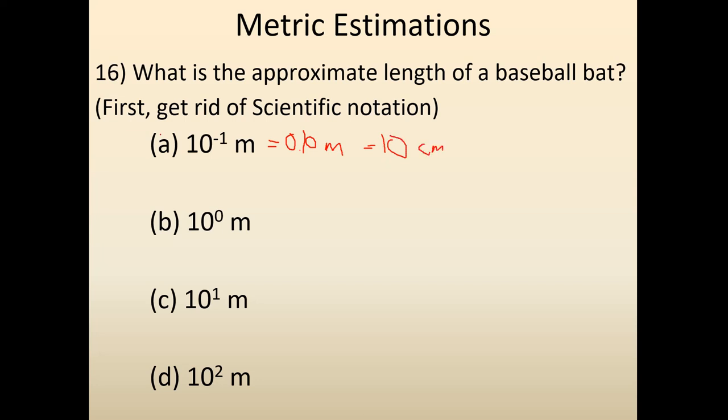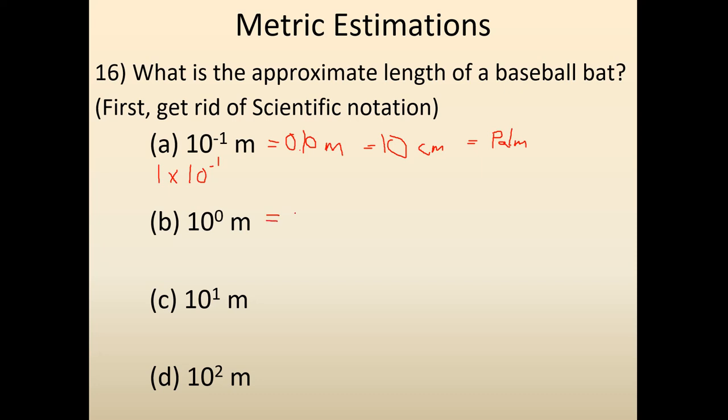Now, a lot of people might be thinking the negative 1 means I move the decimal place over. You have to remember that this is 1 times 10 to the negative 1 meters. So plug it into the calculator, you'll see 0.10, which is again 10 centimeters. And if you recall, this is palm. All right, we'll go to the next one.